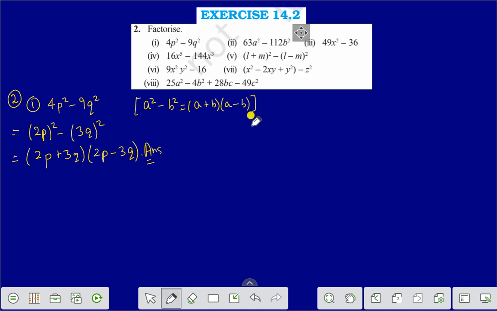Let's solve question number 2. Question number 2 here you see is 63a square minus 112b square.